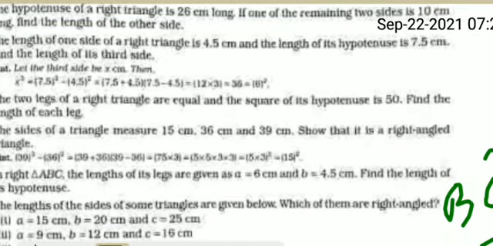So from Pythagoras theorem, x square plus x square equals 50. Therefore 2x square equals 50. That means x square equals 50 by 2, that means 25. So x will be root over of 25, that means 5. Therefore the legs will be 5 centimeter, 5 centimeter.